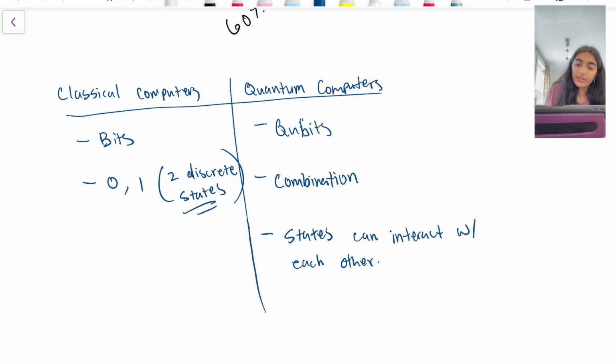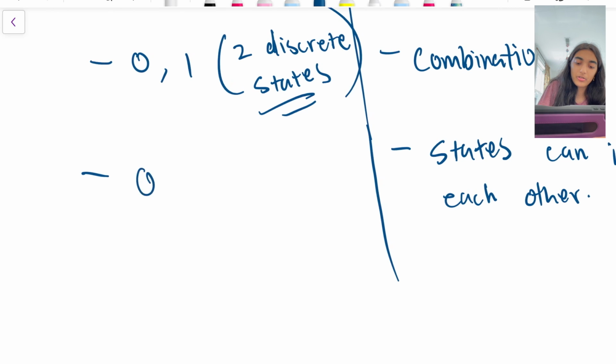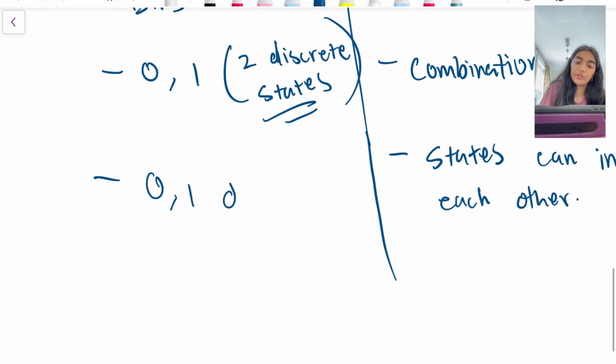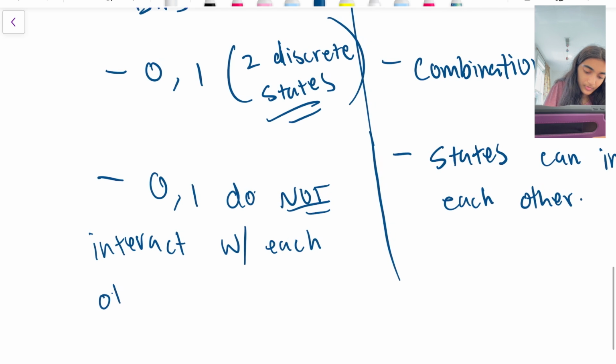Combination, we have a combination, and here they do not interact with each other. They're discrete entities. 0 and 1 in classical computers do not interact with each other. They're independent.